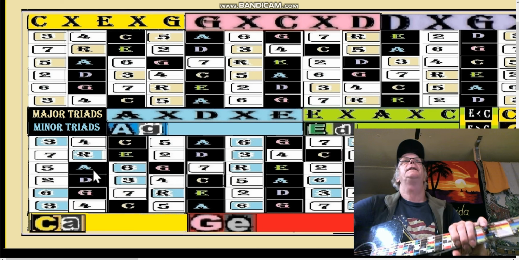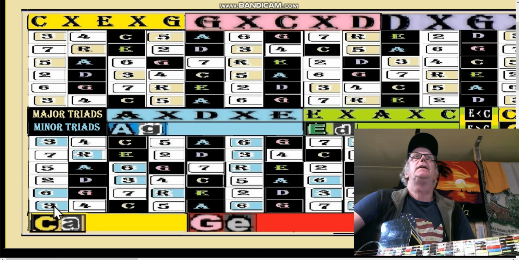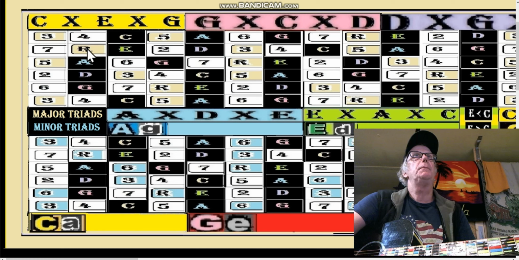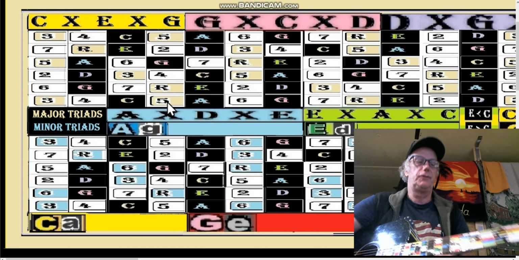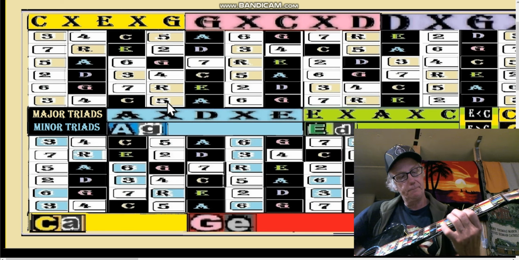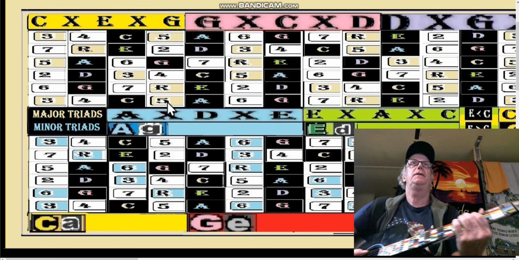But the important thing to remember is that every one of the notes in the A minor arpeggio fits into, does it fit into the major arpeggio? No, it doesn't, because 3, 6, root has a 6, and the major arpeggio doesn't have the 6, but it fits into the pentatonic for the C. This fits into that.